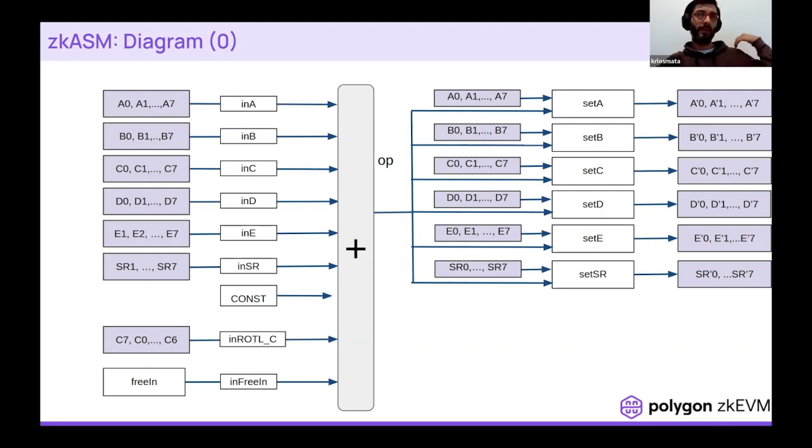Okay. So at the left you have the input, at the right you have the output. This is just like a state machine. So you have an initial state and you have a final state, and depending on the flags, the final state will change. So for example, if I want to move A into B, I will have activated the flag in A, so the A will be set to this intermediate value, which is up, and this is very important.